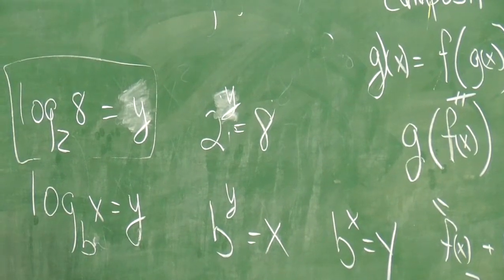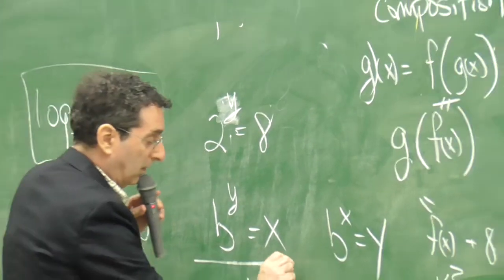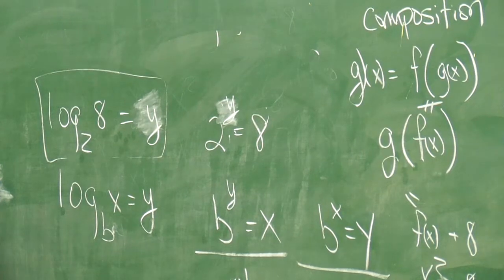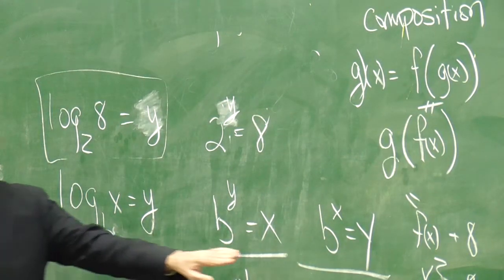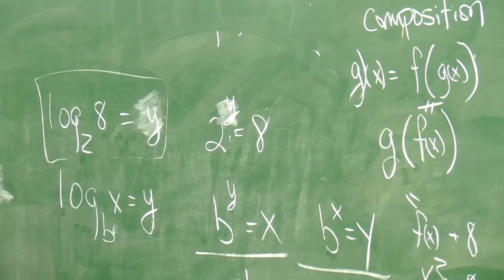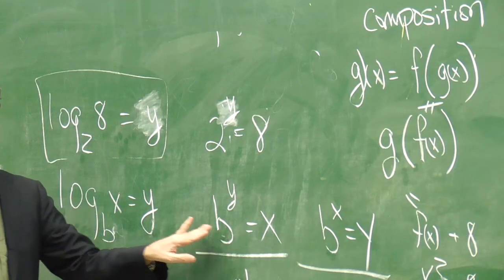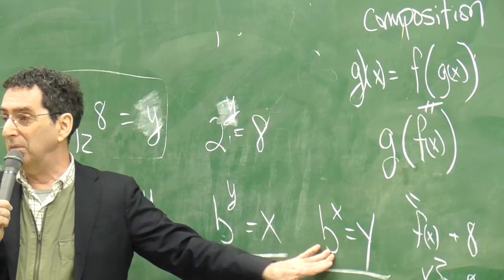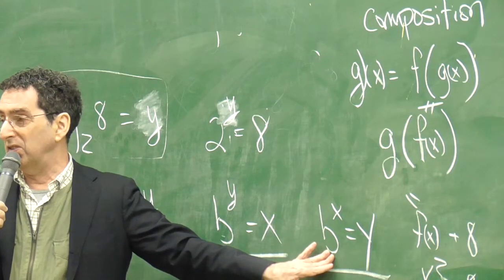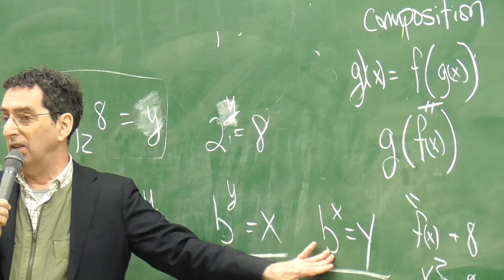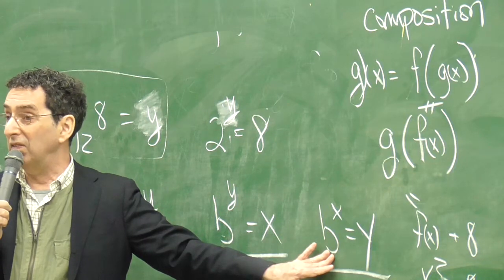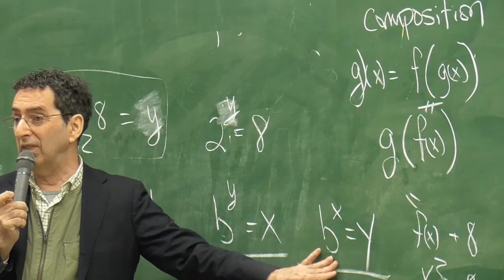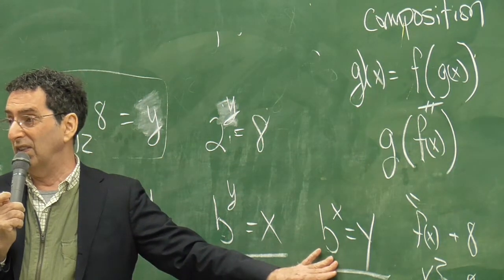So this and this are inverses. So if I want to know the graph of this, I know how to find it based on what we've talked about, the relationship between the graphs of inverses. And I already know the graph of this. We spent the beginning of our class doing the graph of this.